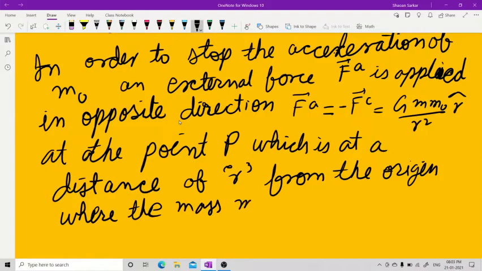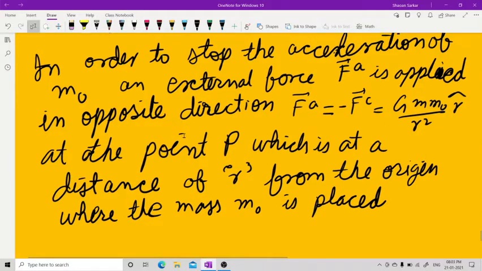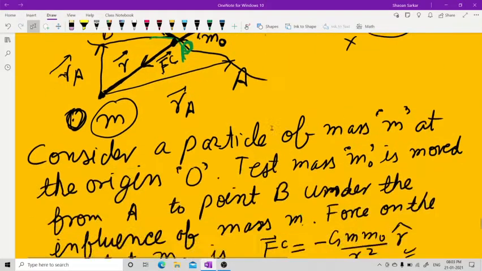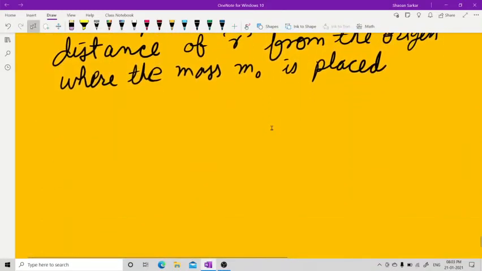Now I may make you understand what I wrote. I have kept a mass m naught here, and the distance of this mass from this place is the r vector. You're seeing this r vector, this complete line, from the position O.